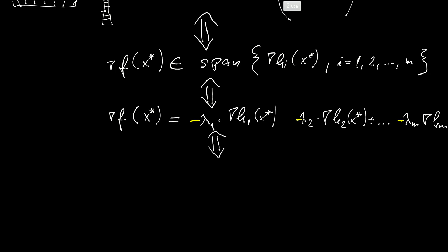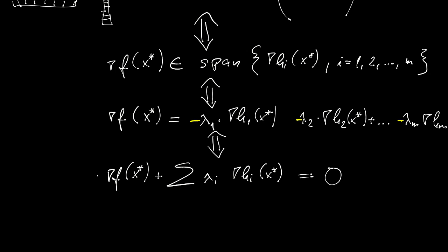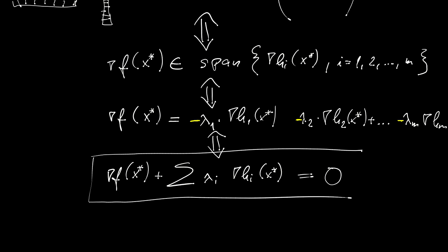Or actually, sorry, forget the latest comment. The truth is that I can label my constants as I wish, which will allow me to write it down like this. And this is the already advertised first order necessary condition of optimality, right?